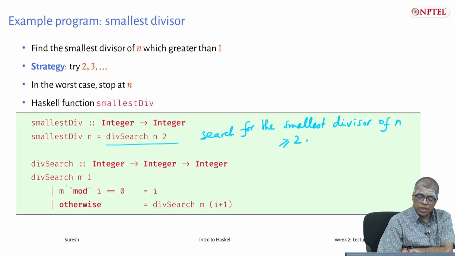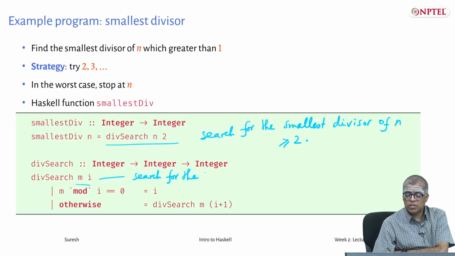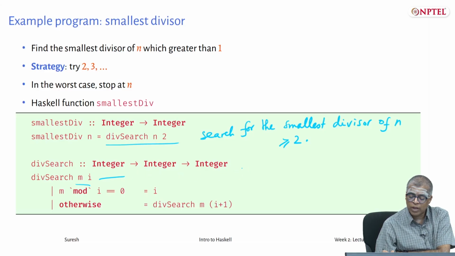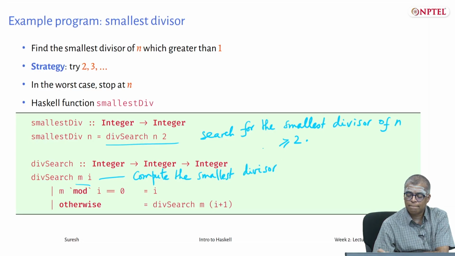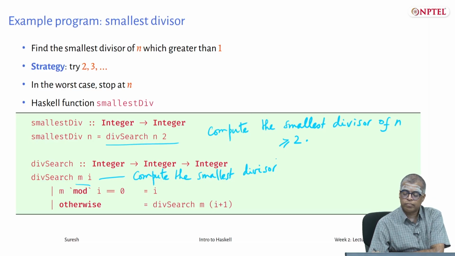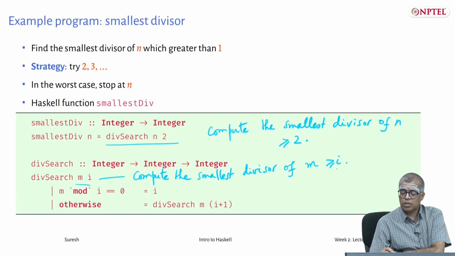And in general div search m i is to compute the smallest divisor of m which is greater than or equal to i.